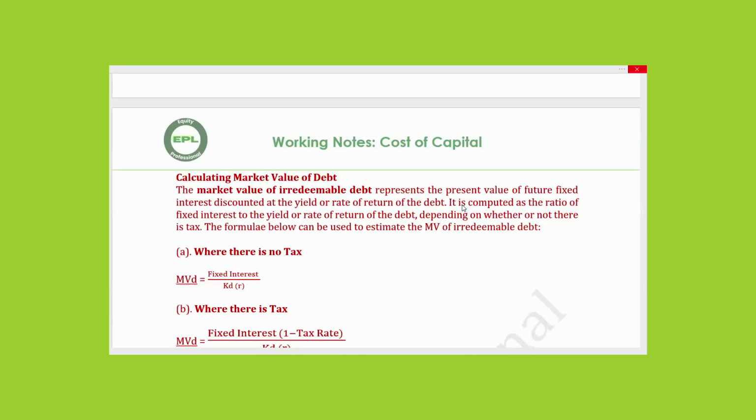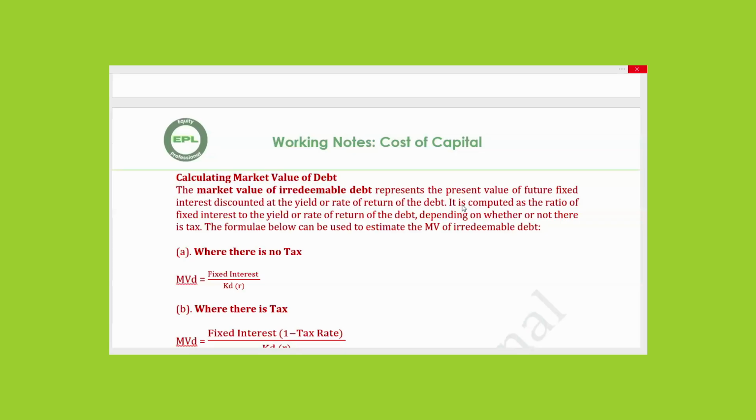We discussed redeemable and also irredeemable preference share. We said that irredeemable preference share is the one in which the company is expected to pay annual fixed dividend, but the principal will not be repaid. And the cost of irredeemable preference share is computed as the ratio of fixed dividend to ex-dividend share price.